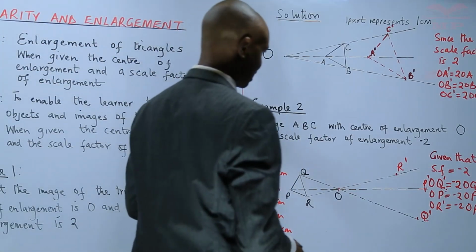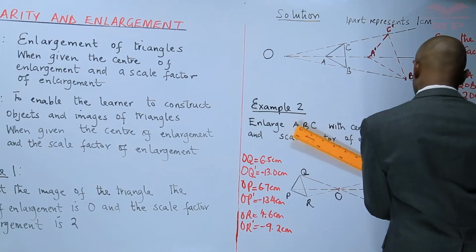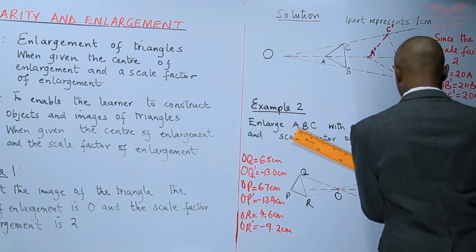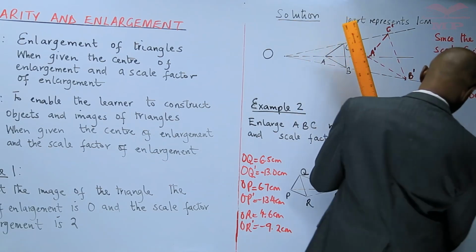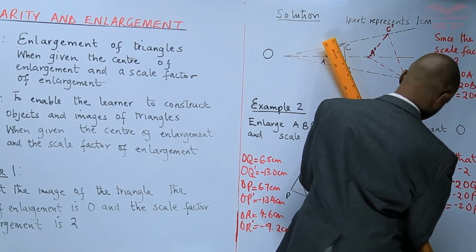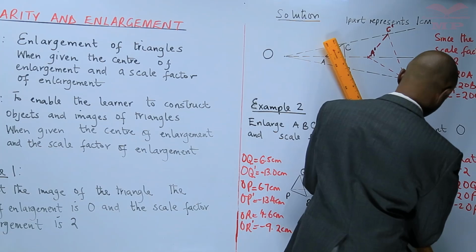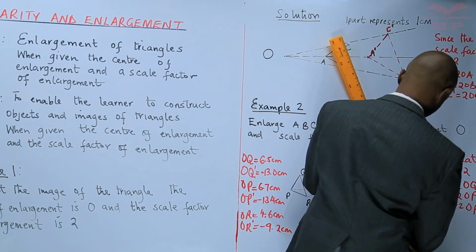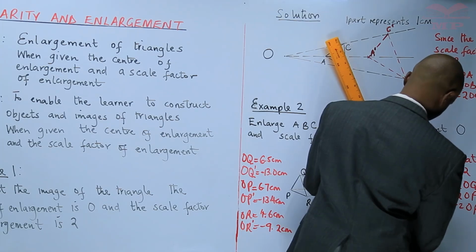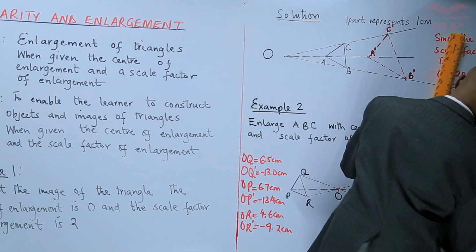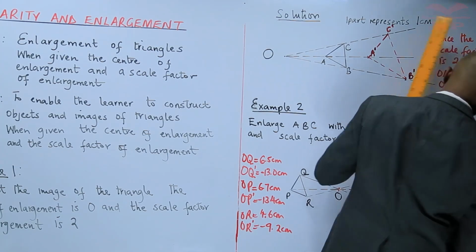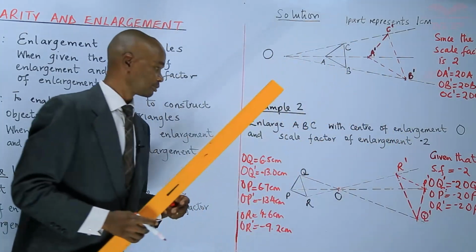I'll join P to R, P to R. I'll join P to Q. So there is something you discover.